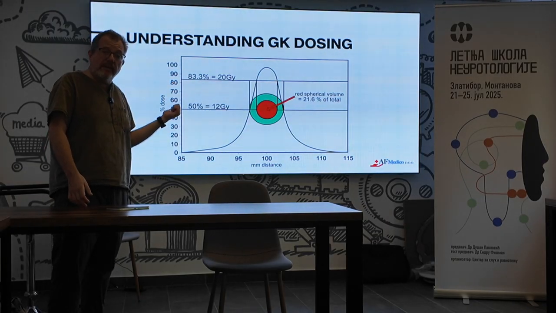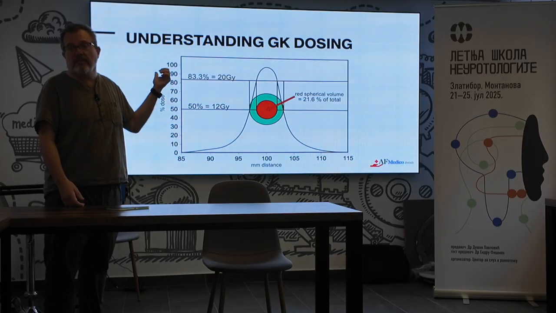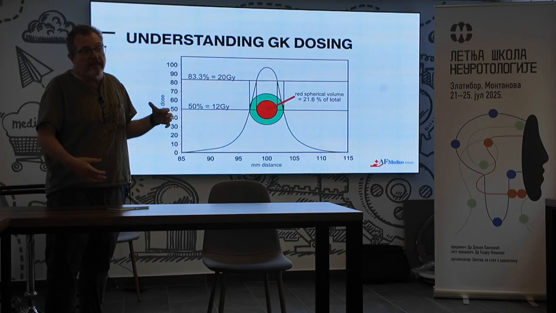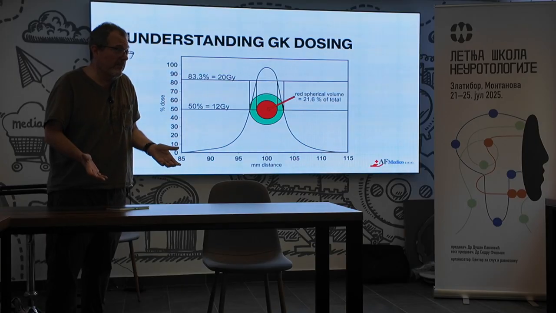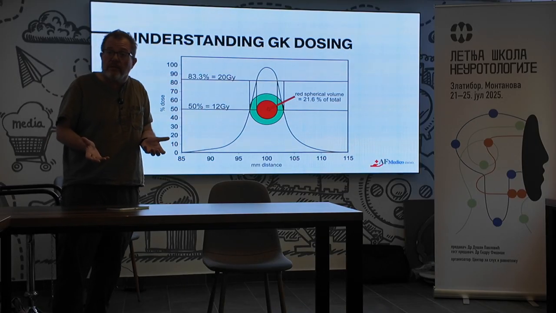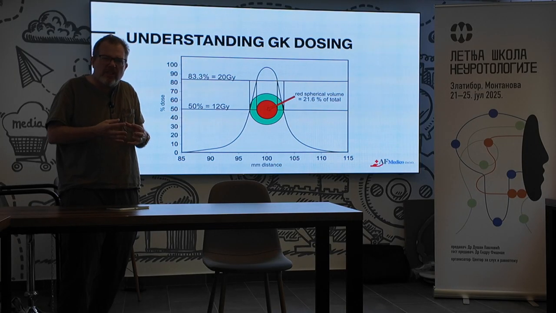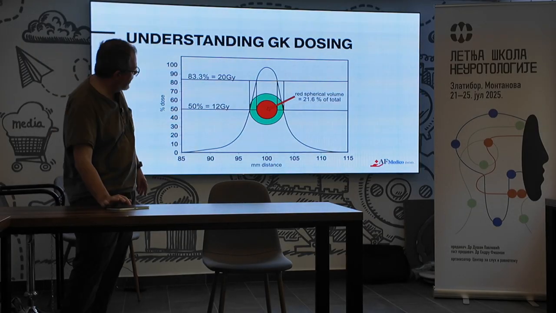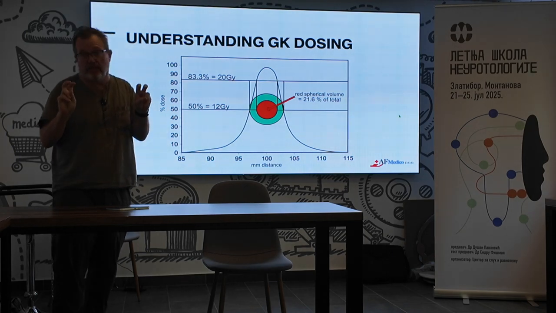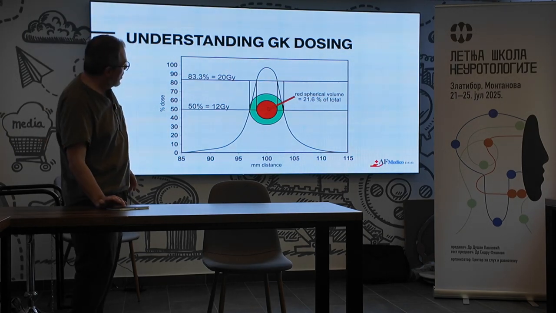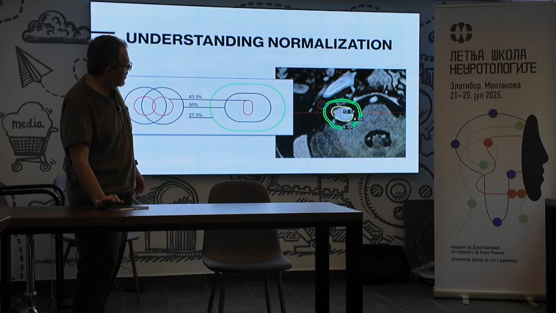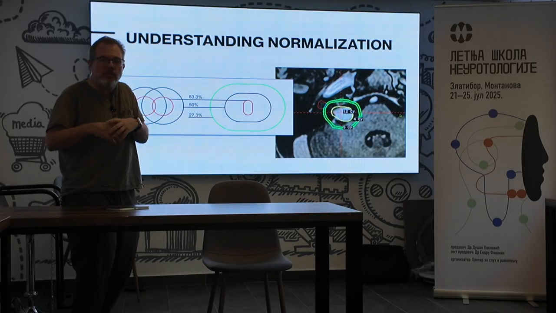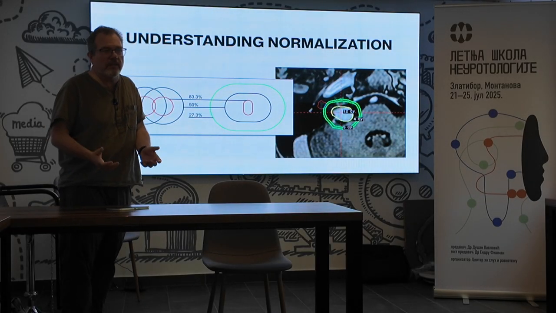So you're giving 80% of the tumor a dose that still stays alive. Now, it works because it's causing some vasculitis, some scarring, so it has an effect, but you're not killing the tumor. So the idea of it being radiosurgery, where it sounds like you're taking the tumor out with the radiation, you're not killing the tumor, you're just scarring it.